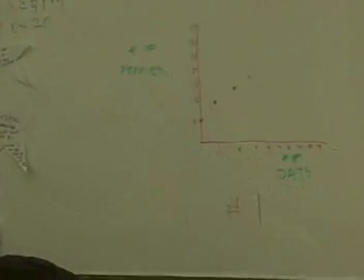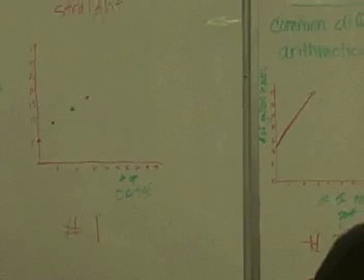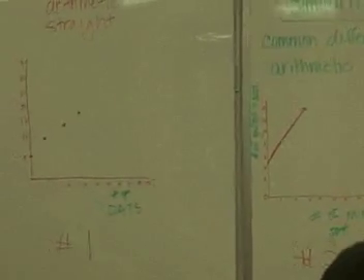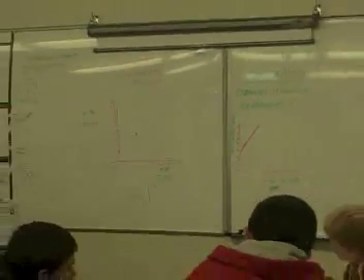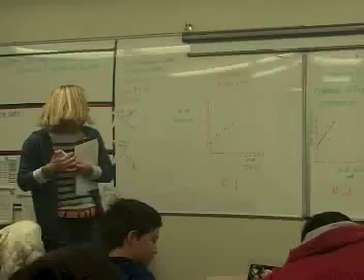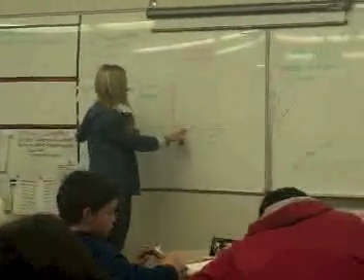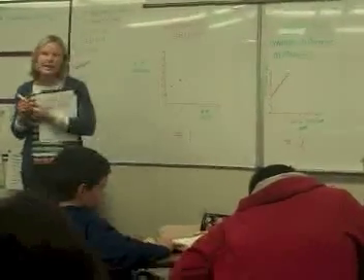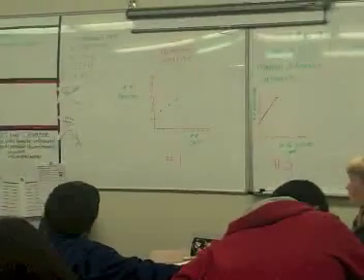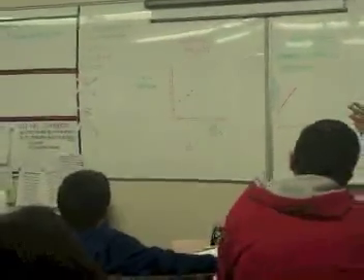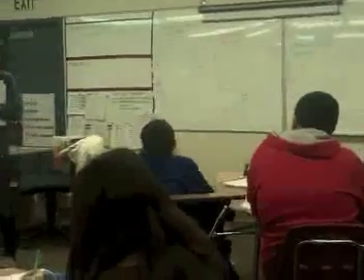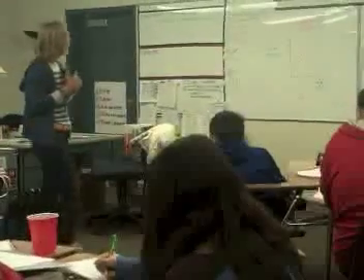Let's think about those two situations. So, thinking about the first situation with the number of pennies and the number of days, what would happen if I said, how many pennies do you have on day 1.5? Can you guys just flip your calculators on these?